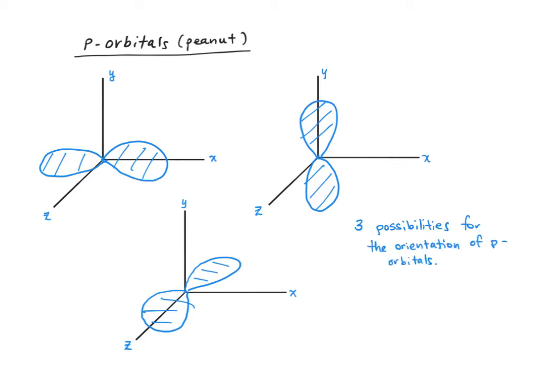Therefore, when we consider p orbitals, these peanut-shaped orbitals, moving forward, we're going to keep in mind that there are 3 ways that these orbitals can be oriented, so 3 distinct possibilities for them. Each one of these possible orientations can independently contain electrons.